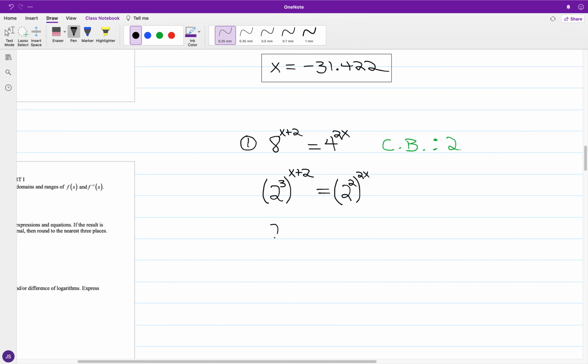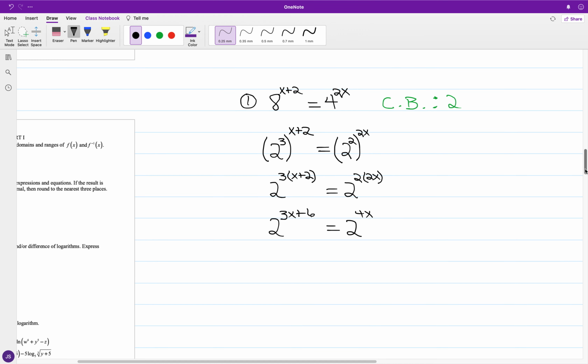And looking at the power property, we have 2 to the 3 times the quantity of x plus 2, and we have equal to 2 raised to the 2 times 2x. So we've got 2 raised to the 3x plus 6 power. And for 2 raised to the 2 times 2x, this will be 2 raised to the 4x.